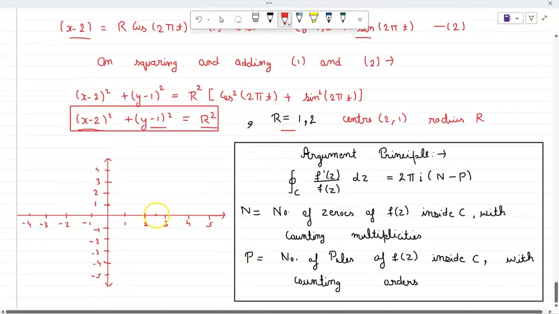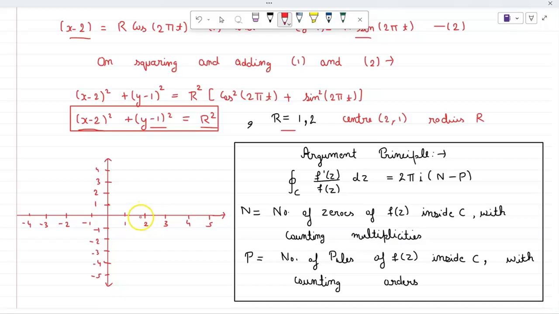When r is equal to 1, the center is (2, 1) and the radius is 1, so gamma 1 is a circle of this type. When r is equal to 2, the radius is 2 with center (2, 1), so gamma 2 will be the circle with radius 2 and center (2, 1).